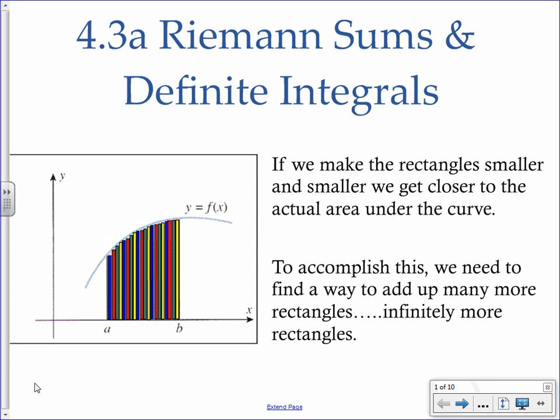Okay, so this is what's going to happen. First of all, how do we do the rectangles? We find delta x, and that's our width, multiplied by the function value for our height.